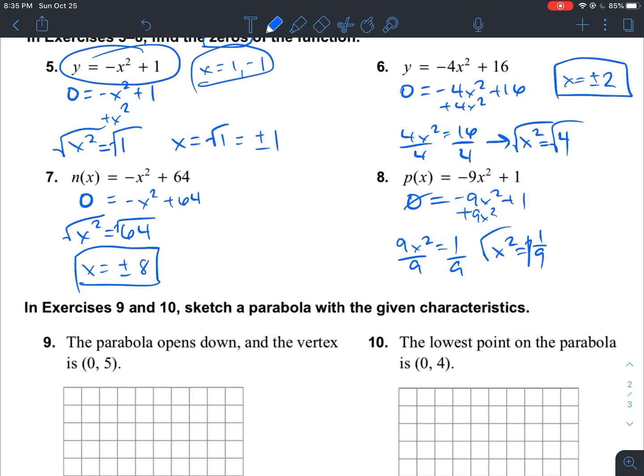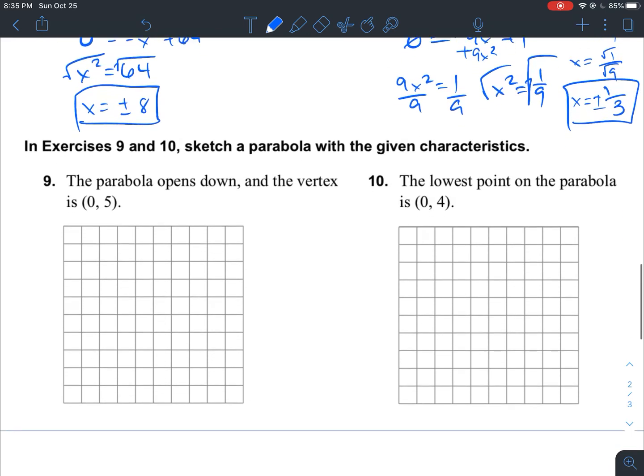Take the square root of both sides. So using properties of radicals, I know that x is equal to the square root of 1 over 9, which means x is equal to the square root of 1 over the square root of 9. So then I know x is equal to plus or minus 1 over 3.